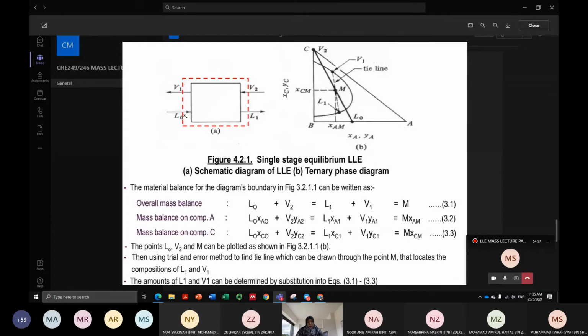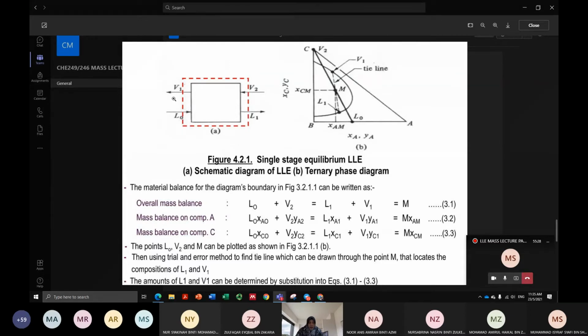Since this is single stage, the next streams will be L1 for the raffinate and V2 for the solvent. So L0 is your feed, which is F. L1 is your raffinate, which is R, V2 is your solvent, which is S, and V1 is your extract, which is E.